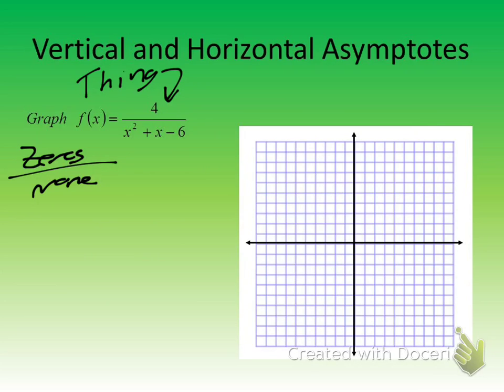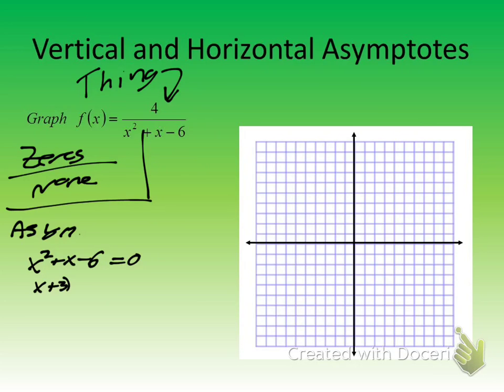Now, asymptotes are a different deal on this guy. So let's talk asymptotes. Remember, your vertical ones come from the denominator being equal to 0.